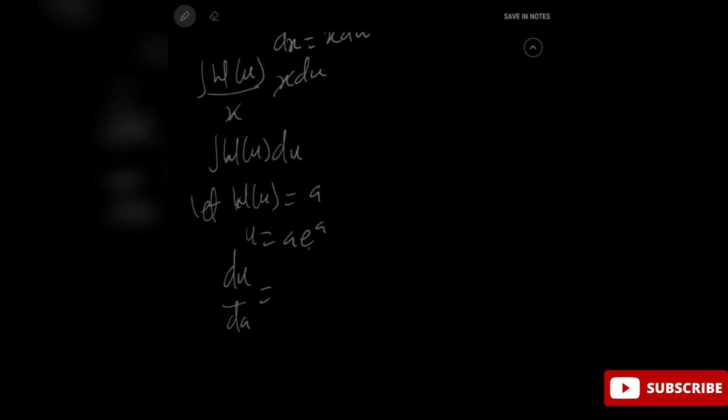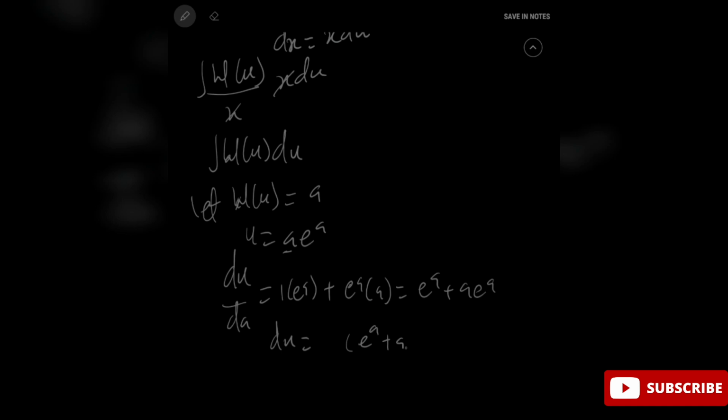Now this is a product, so using the product rule, this will be the derivative of a, which is 1, multiplying e power a, plus the derivative of e power a, which is the same e power a, multiplying a. So it's the same thing as e power a plus a e power a. That means, making du the subject, du will be equal to e power a plus a e power a da.